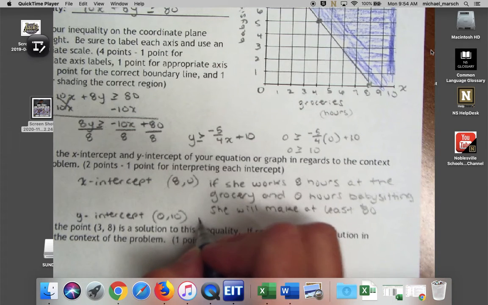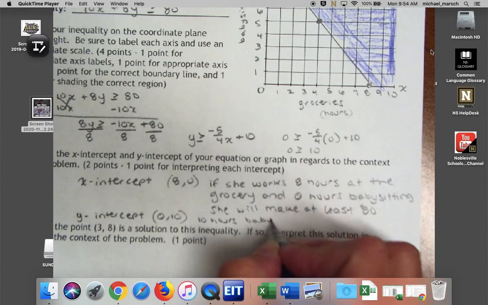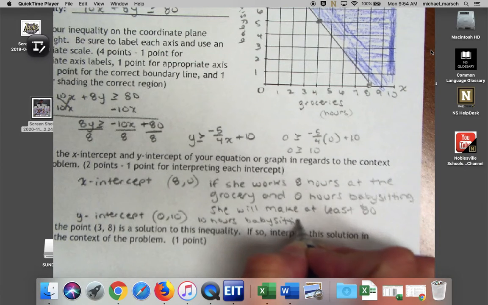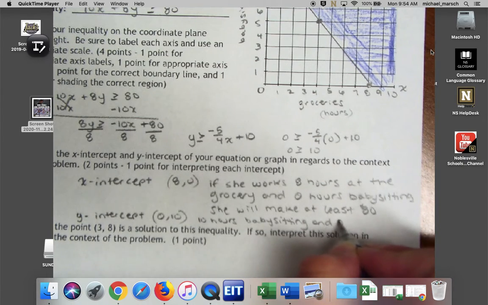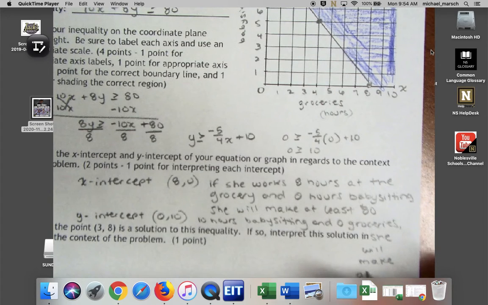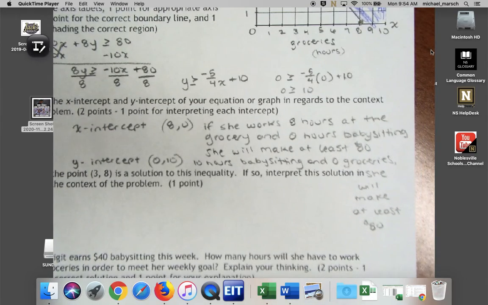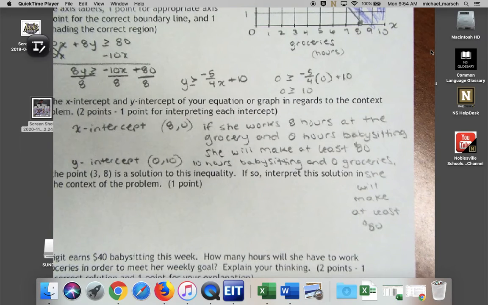So 10 hours babysitting and 0 at the grocery store, she will make at least $80. It's not pretty, but all the information is there. I'm sorry that that's so wonky right there, but it fits-ish.